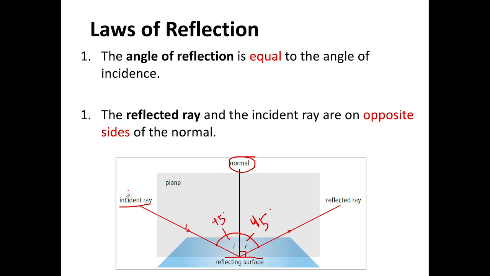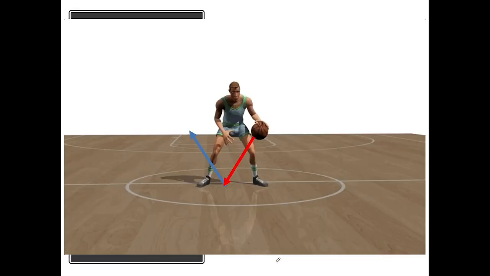So reflected ray and incident ray are always on opposite sides. I'm not going to get a reflection back from my incident ray coming this way. I'm going to get a reflection on the other side of the normal going this way. But those angles are going to be the same. And then the third law of reflection is that everything's going to bounce off this surface, my reflecting surface.